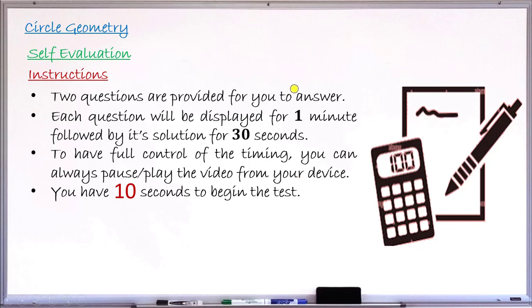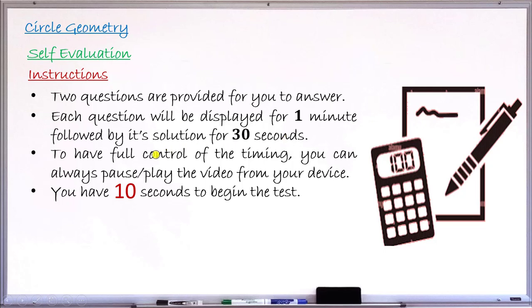Welcome to the self-evaluation segment of the lesson, where you have the opportunity to measure your understanding of this lesson today. So let's take the instruction. You have 2 questions in this test to answer, and each question will be displayed for 1 minute. After 1 minute, the solution to that question will be displayed, and it will be on the screen for just 30 seconds.